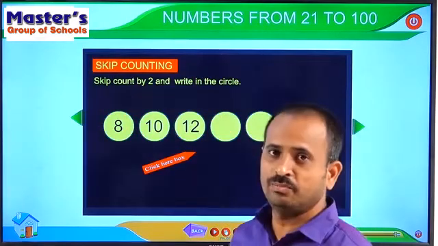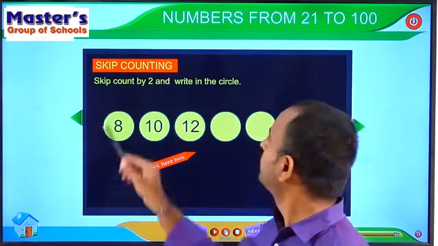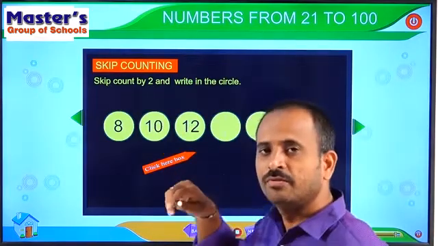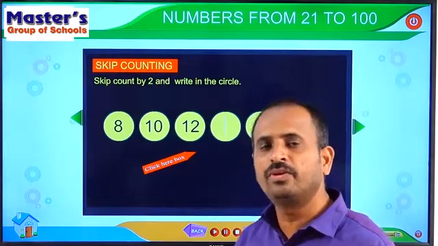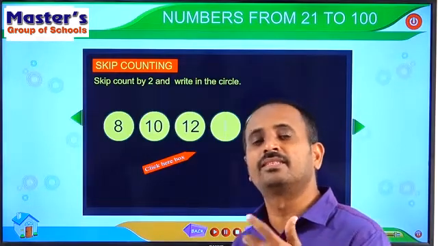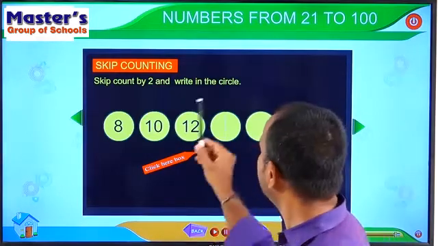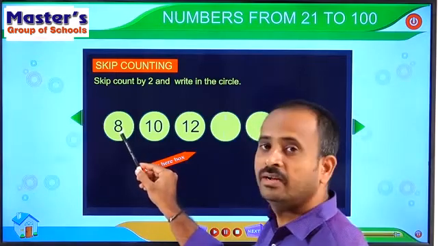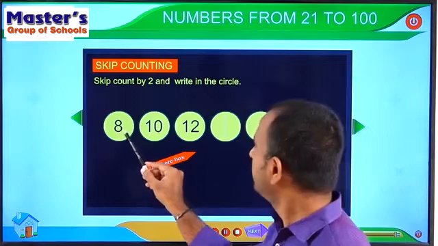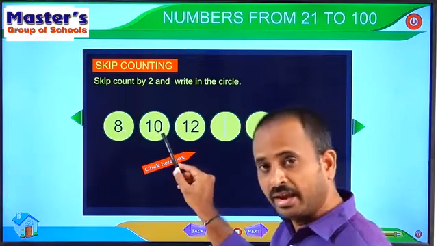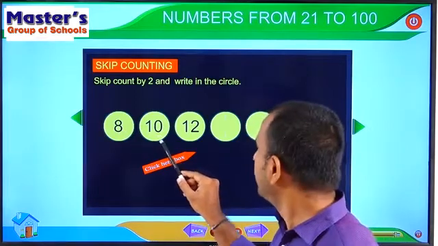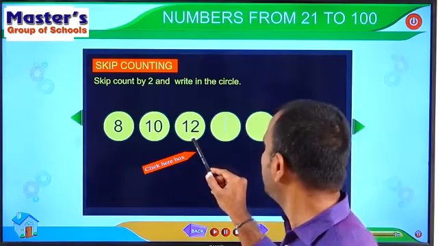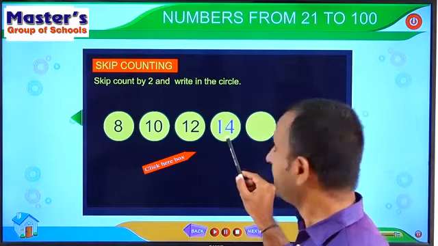So let us see an example of how to skip count by 2. Skip count by 2 means, children, we have to add 2 to the given number, then we will get its next larger number. So see here, the first given number is 8, and we add 2 to 8, we will get 10. And again add 2, we will get 12. And again add 2 to the 12, we will get 14.